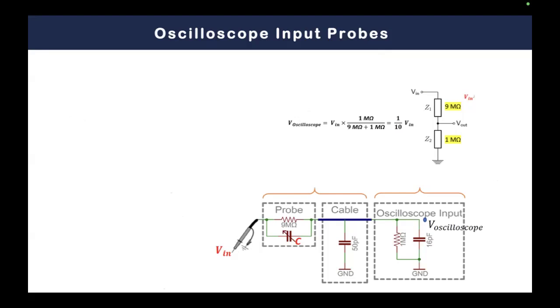So simply, in your oscilloscope, you can add an amplifier with a gain equal to 10. If you add this amplifier, which is already in our oscilloscopes, you will compensate for the attenuation due to the probe and the input impedance of the oscilloscope, and you will return the signal back to its original value. So this is the good point.